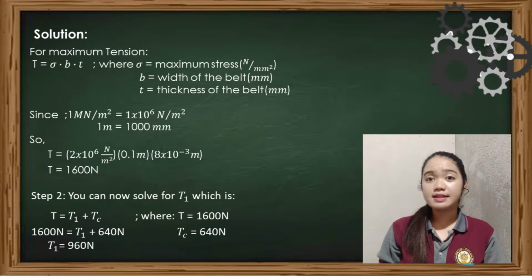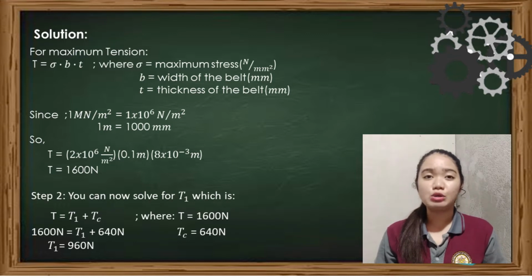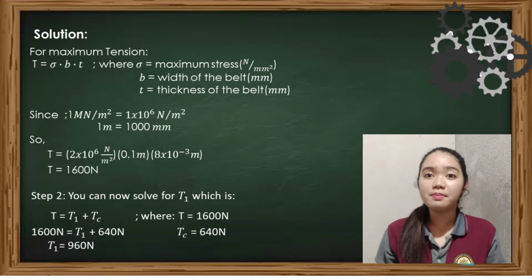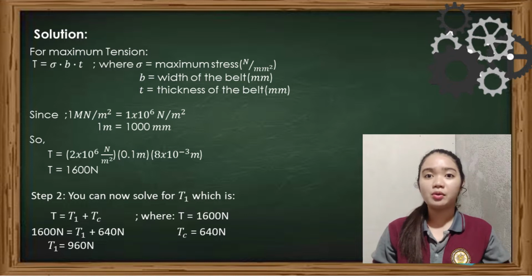Afterwards, the maximum tension, which is the value of T, is calculated with the formula: maximum stress in Newton per meter squared times the width of the belt in meters times the thickness of the belt in meters also.